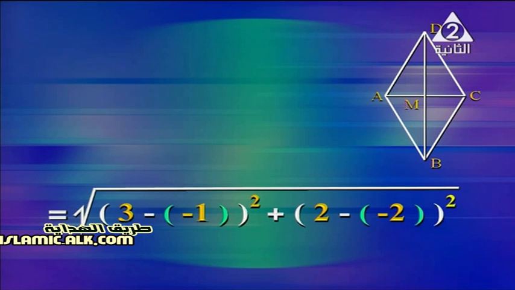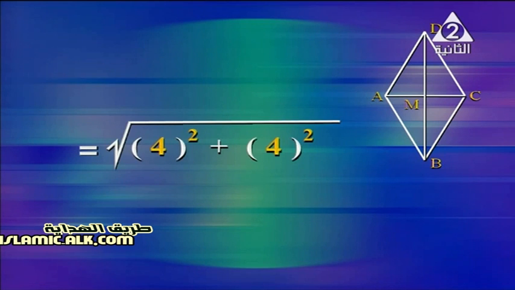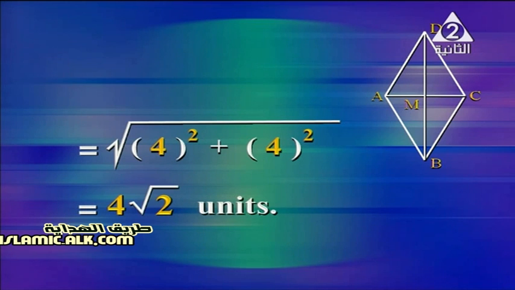Then it is the square root of (3 - (-1)) to the power of 2 plus (2 - (-2)) to the power of 2, which will lead us to the square root of 4 to the power of 2 plus 4 to the power of 2, to obtain a result as 4 square root 2 units. This is the length of AC.